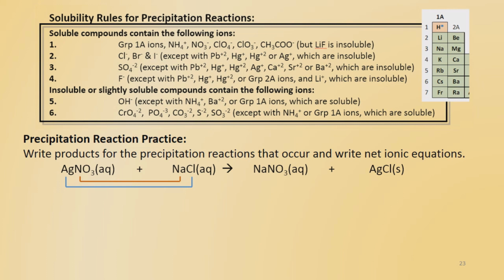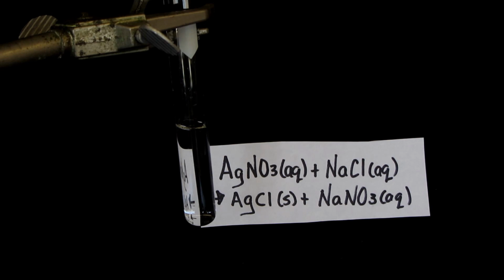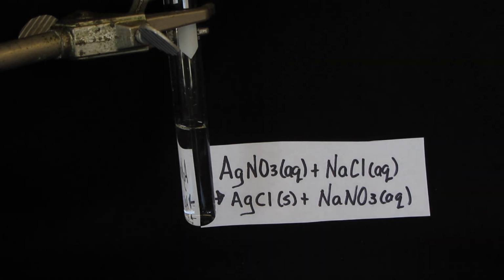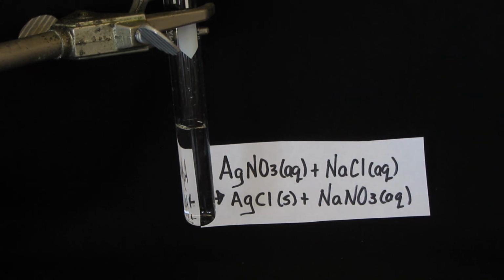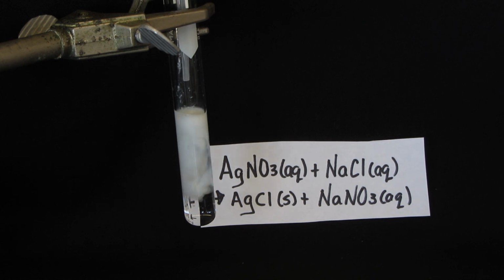That would be nitrate and sodium, and that leaves the net ionic equation of silver ion plus chloride ion makes silver chloride solid precipitate. So in the test tube, I have a clear colorless solution of silver nitrate, and I'm adding a clear colorless solution of sodium chloride. And when they mix, we see the immediate formation of a dense white precipitate, and that would be silver chloride.